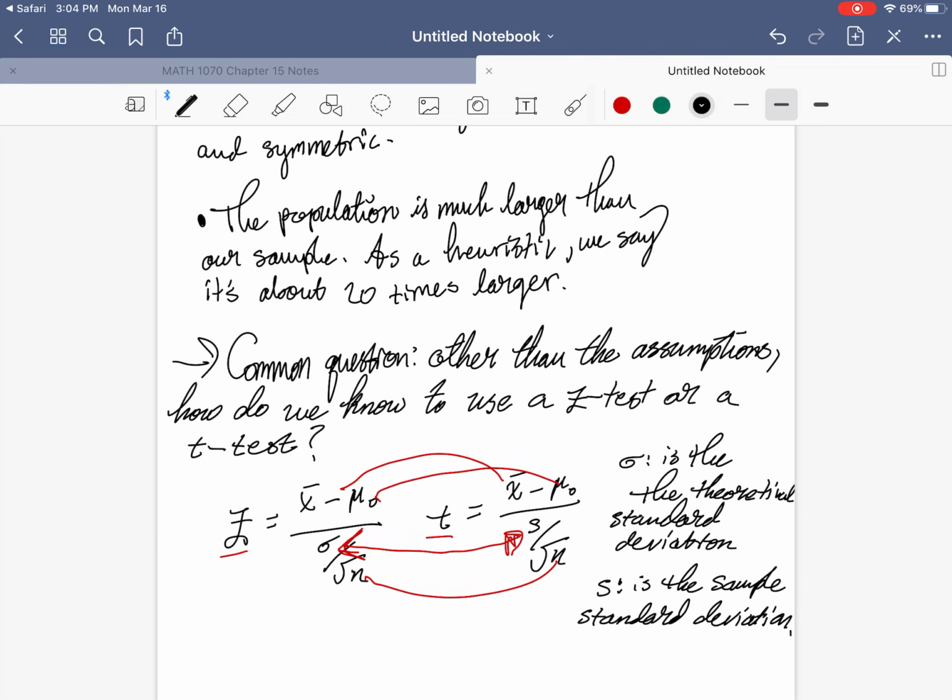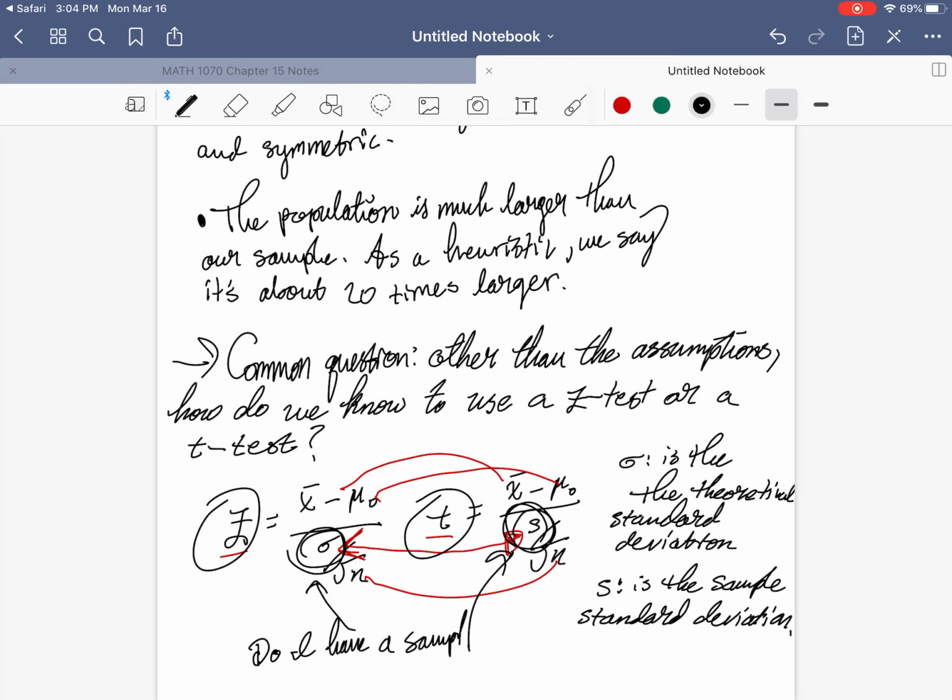So when we're thinking about the problems in which you're going to have to determine, do we use a z-test or a t-test, you're going to look at the two formulae, and if you just look at it like a work of art, visually, you'll see the only difference is this sigma and this s. And so you have to ask yourself, do I have a sample or theoretical standard deviation?